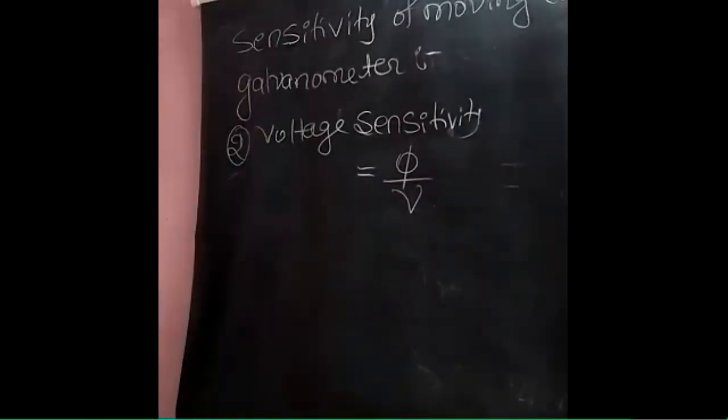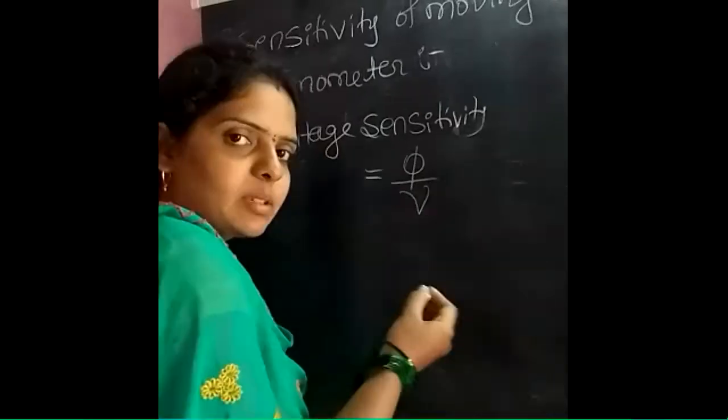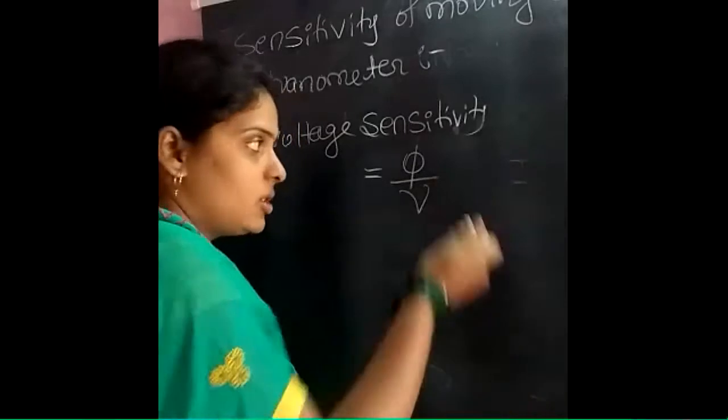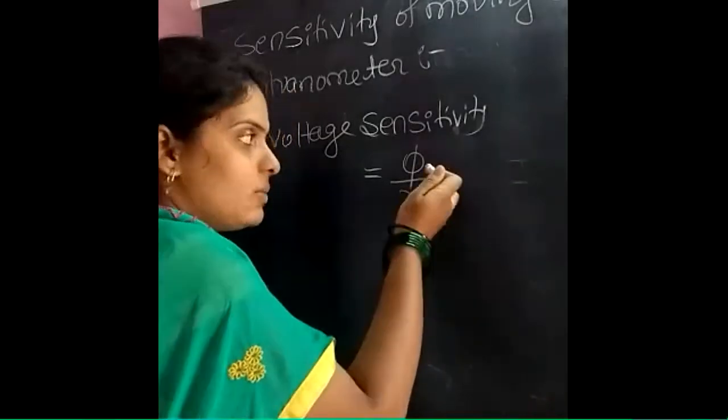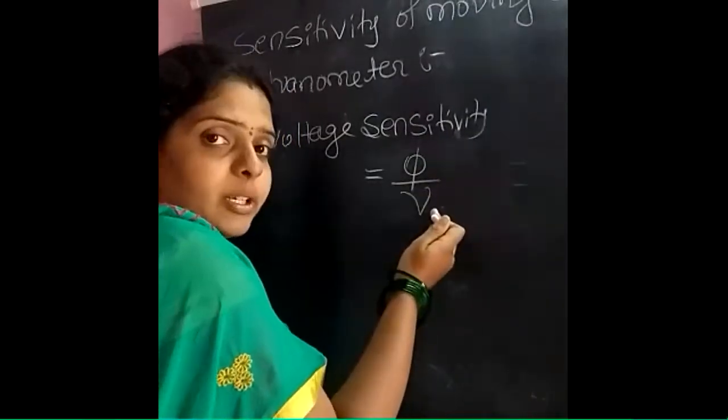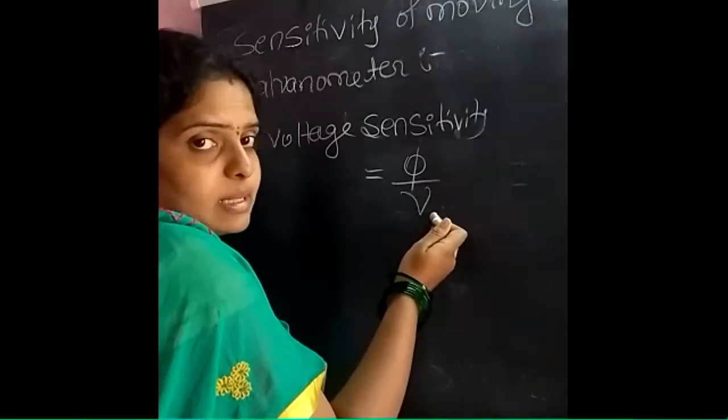It is the deflection produced in the galvanometer when a unit potential difference is applied across the two terminals of the galvanometer. So it is the textbook definition. In short, number of deflection per unit potential difference across the galvanometer.